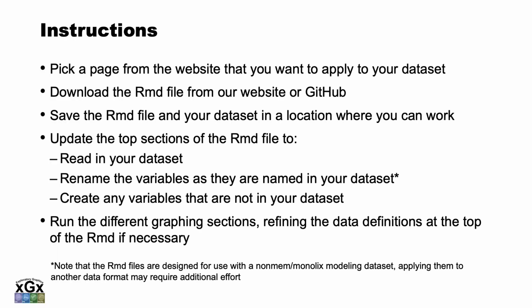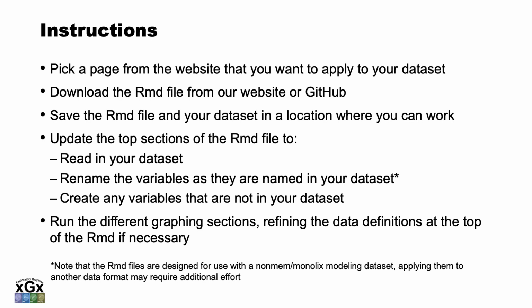So, your turn. If you want to use XGX, we put together a very short instruction. Pick a page as an example on the website that you want to apply to your data set. Download the RMD from our website or GitHub.